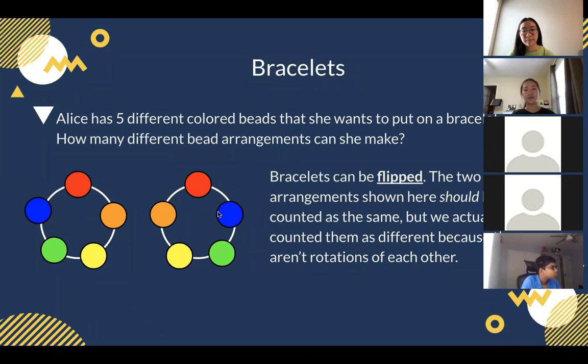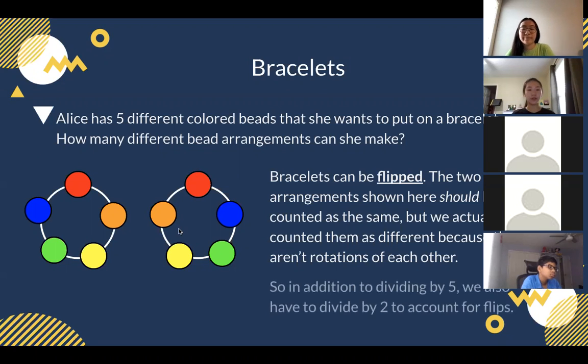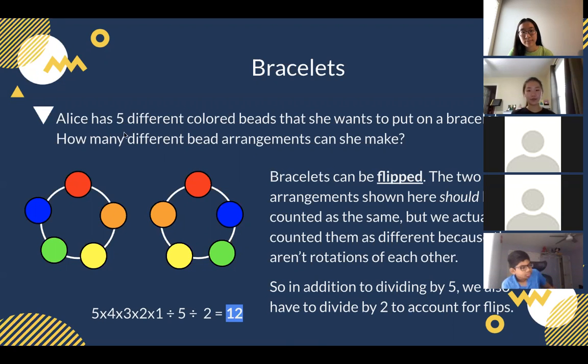So now we have to divide by 2 because for each arrangement, you can just flip it over to get the same one. But you're actually counting them as 2 different ones right now. So in addition to dividing by 5, you also have to divide by 2. So for this one, the answer would be 5 factorial divided by 5, also divided by 2, which is 12.